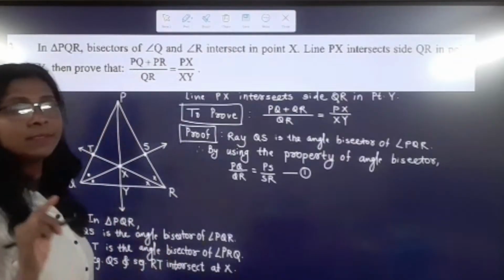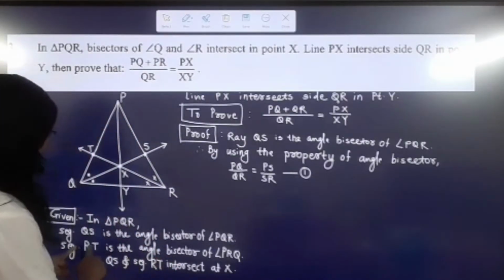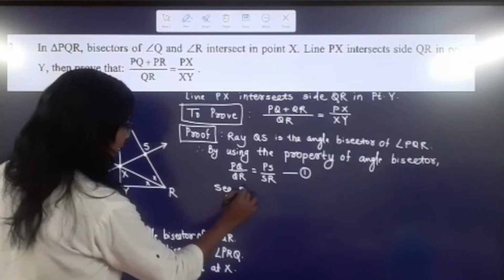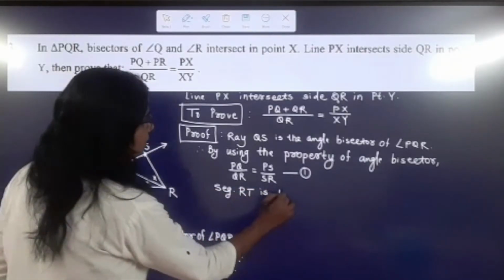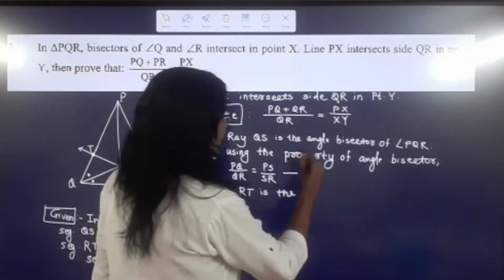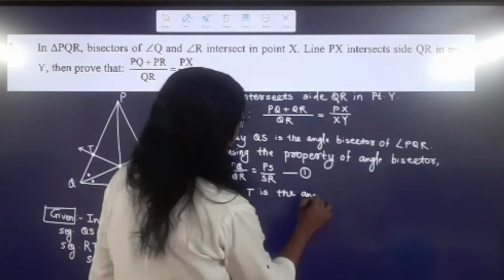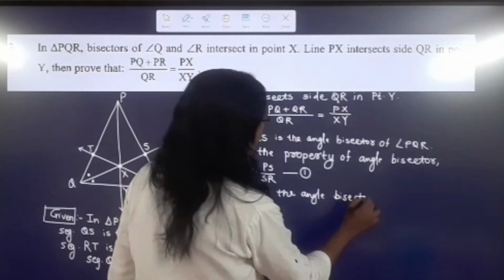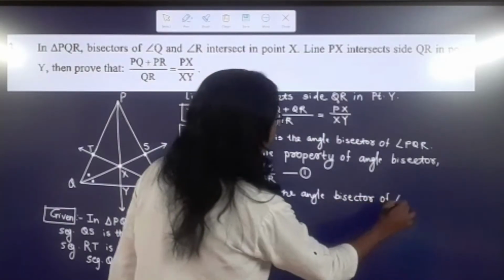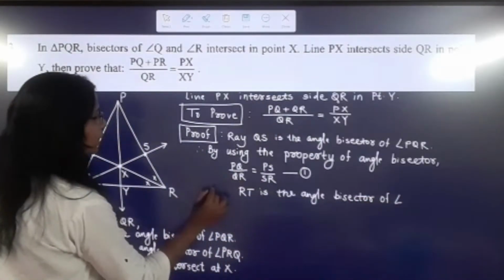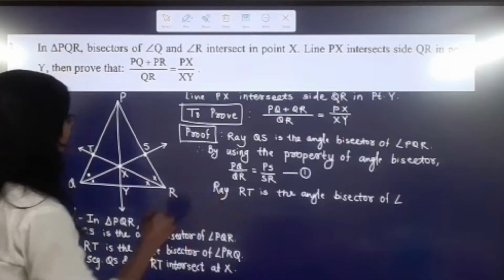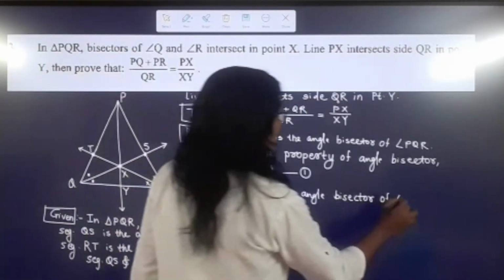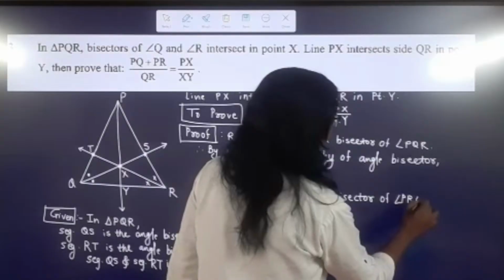Then the second part, students, that segment RT, or we say ray RT, is the angle bisector of angle PRQ. Angle PRQ.